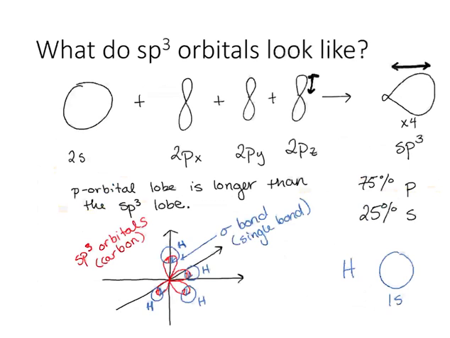So then we looked at what the sp3 hybrid orbital looks like. So it kind of looks like a balloon. And if we have 4 of those, and put them all together, we end up with our figure down below.